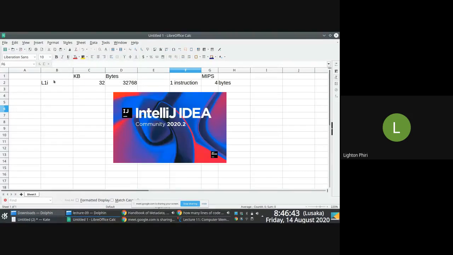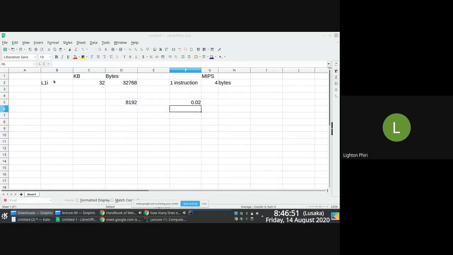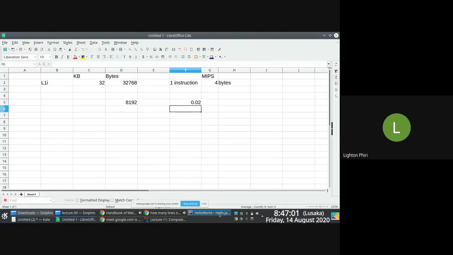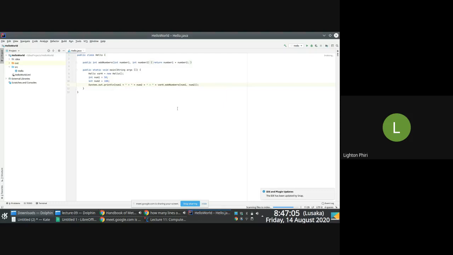So it will have to go to main memory, to RAM, to start executing this program, because I rarely use it. So the answer is no, it's not always that the CPU will find what it's looking for in cache. It depends on whether you've been regularly using that piece of software or not.